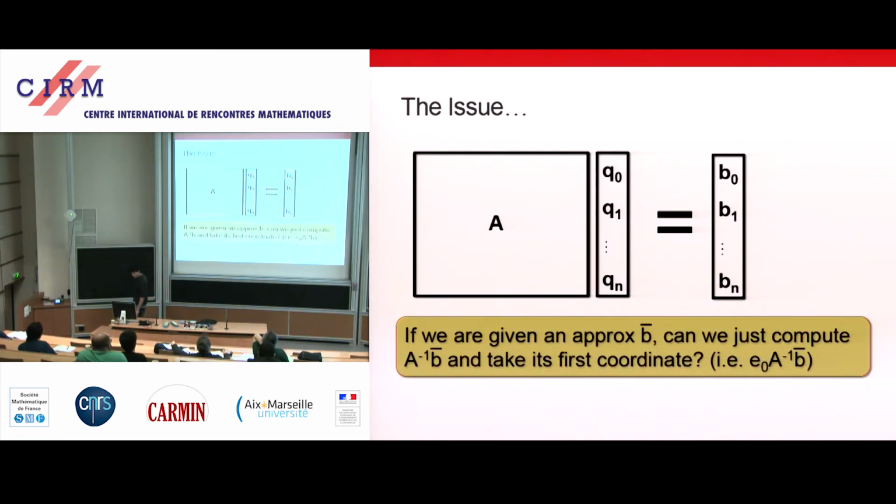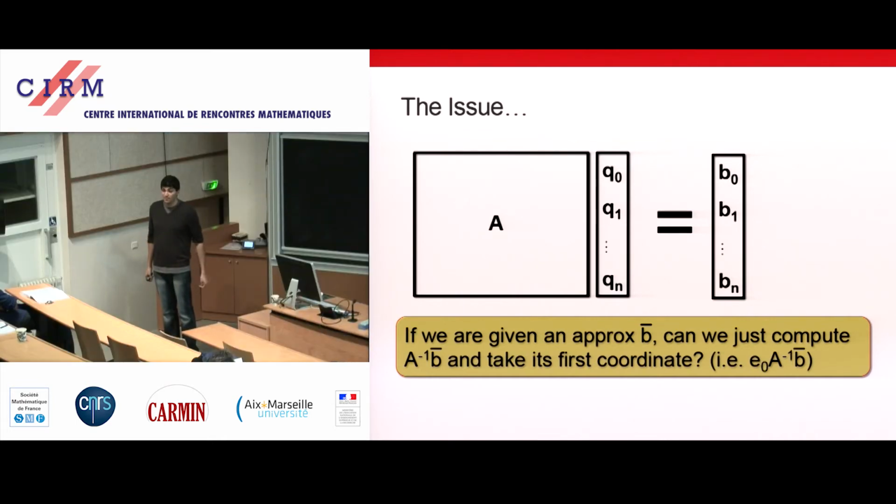Now, the issue is that we don't actually know the right-hand side exactly. We're only given random sample access to it, right? If we knew B exactly, the game would be over, because A is actually an upper triangular matrix. You can't create more ones than you started off with. So it's upper triangular, it's certainly invertible.